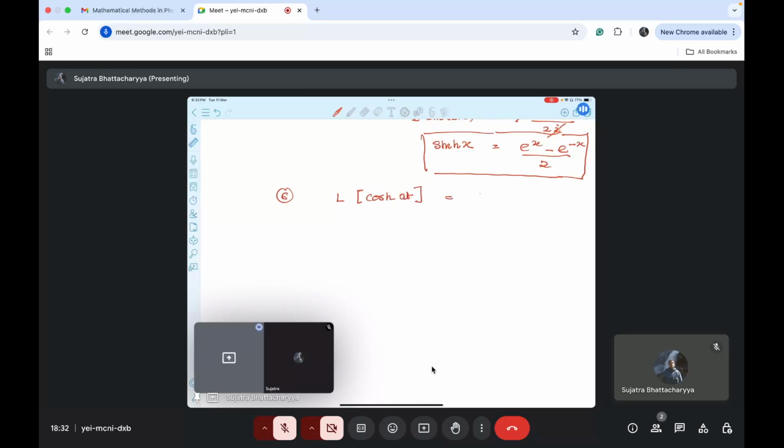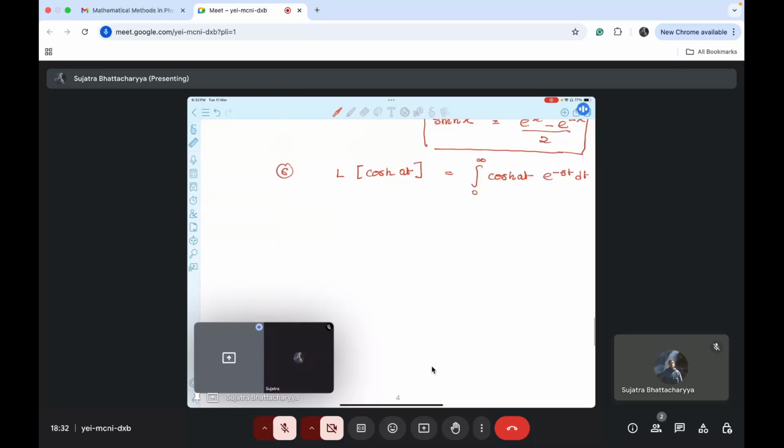The definition remains the same: integral from 0 to infinity of cos hyperbolic at times e to the power minus st dt. Simple rule is to put the definition of cos hyperbolic at here in terms of exponentials and then solve it. That is becoming easier. So 0 to infinity, cos hyperbolic can be written as e to the power at plus e to the power minus at, divided by 2, into e to the power minus st dt.